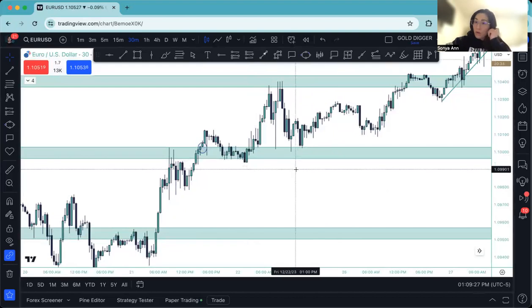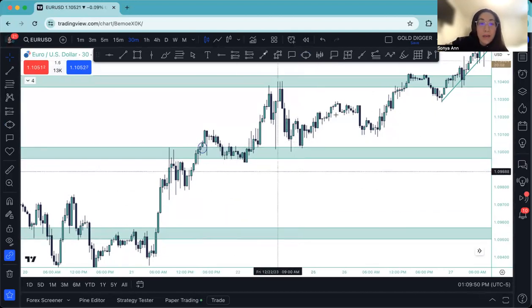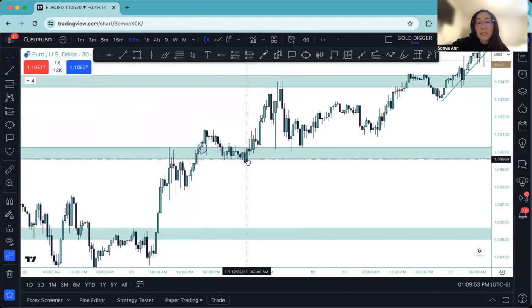There's a module in the course that goes over different pullbacks, because you're going to have a deep one, a small little retest, a deep retracement, a small one, a complex one. So just identify that. And even with this, you still would have been safe.